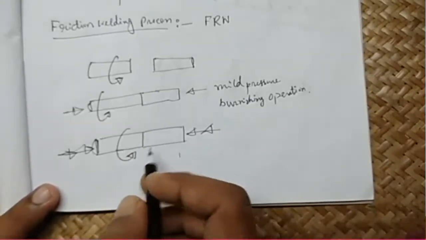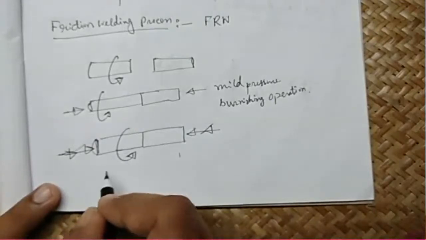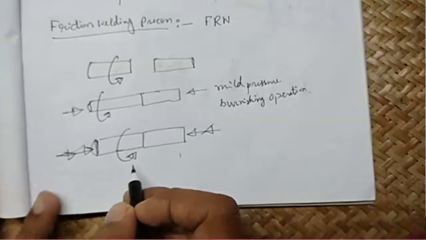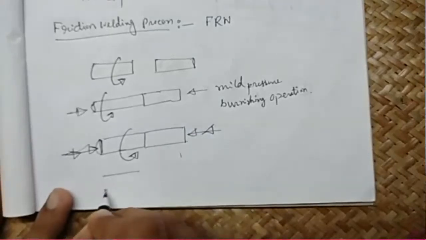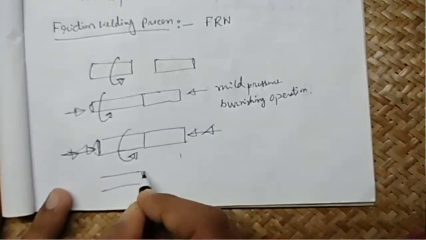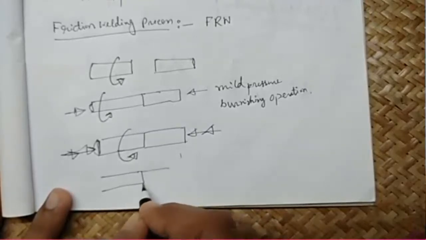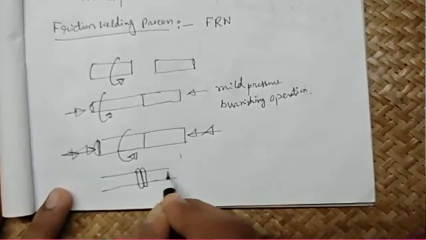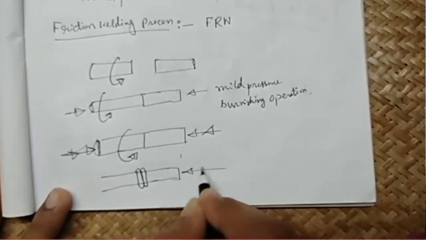At that time, we stop this rotation and apply more pressure. When the material in this joint region gets softened up, a shape like this will occur.